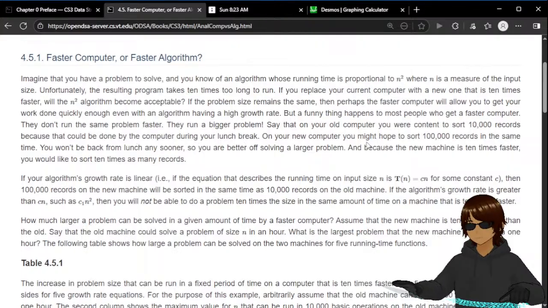On your new computer, you might hope to sort 100,000 records in the same time. You won't be back from your lunch any sooner, so you are better off solving a larger problem.